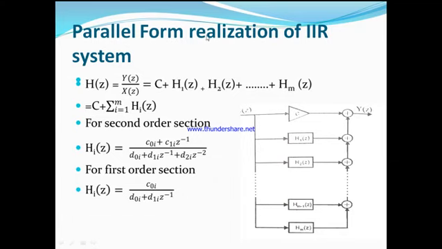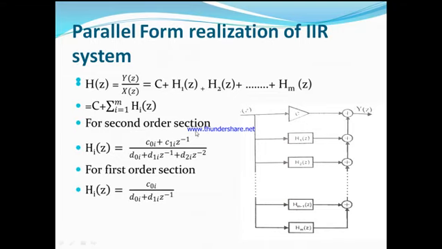Next, parallel form realization of the IIR system. Here H of z equals Y of z by X of z, equal to c plus H1 of z plus H2 of z, up to Hm of z. So c plus the sum for i equal to 1 to m of Hi of z.